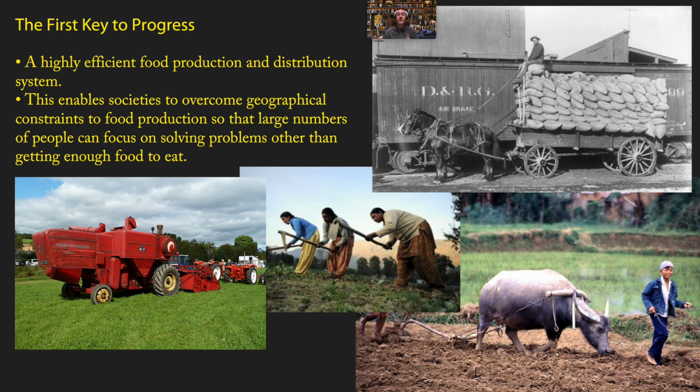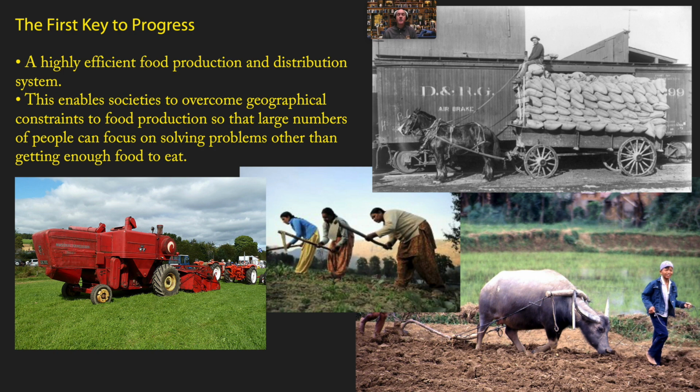Well, the first key to progress is a highly efficient food production and distribution system. For the vast majority of human history, people were living in a struggle for survival because they had to devote all of their time to acquiring enough food to eat. And that really didn't leave enough room for solving other problems.